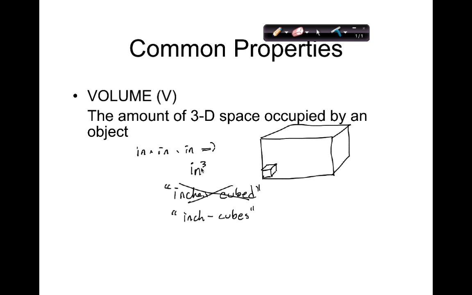Okay, and so that's why raising something to the third power is called cubing it, because it's really the idea of creating a cube with that as the side length, in this case an inch, so inch cubes. So you can take any standard reference for distance, millimeters, centimeters, meters, miles, and you can make a cube out of it, and that can be a standard reference for volume. So inch cubes, centimeter cubes, millimeter cubes, etc.